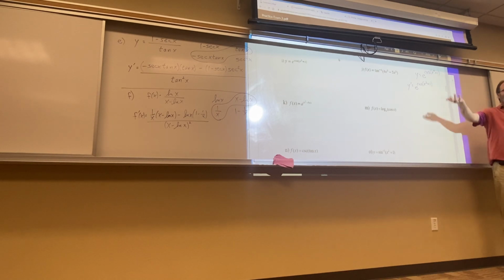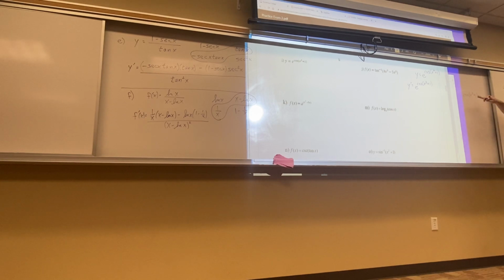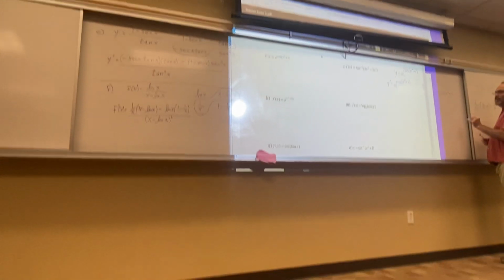Or is it something more complicated? This is definitely something more complicated, so we're going to have to take the derivative of that exponent and multiply it here. But if we're going to take the derivative of cosine of x squared plus 1, what rule do we have to use on this? Chain rule. This one's going to be the chain rule. What's the derivative of cosine?